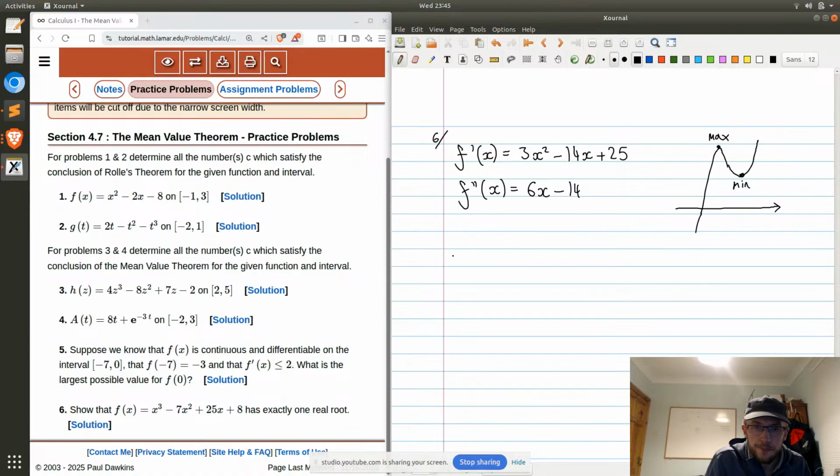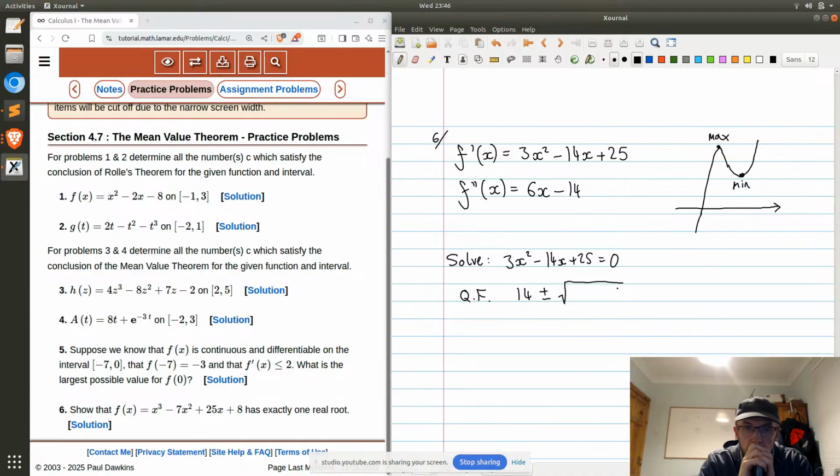So solve this. Quadratic formula time. Minus b plus or minus the square root of b squared minus 4ac. 196. Oh wait, that has no answers to it, does it?